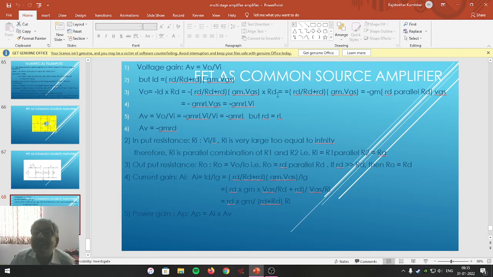Again we have neglected this rd. So this is the same as minus gm into rd parallel to capital RD into Vgs. This combination represents small rd parallel with capital RD.